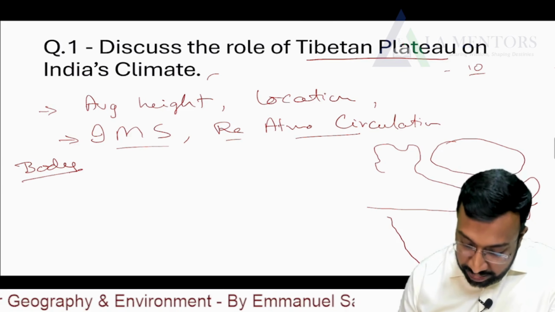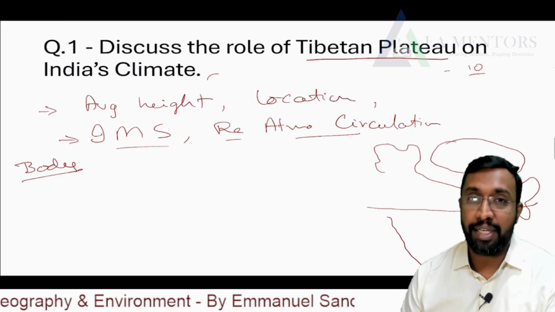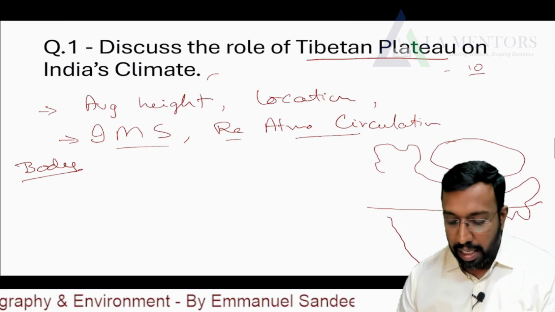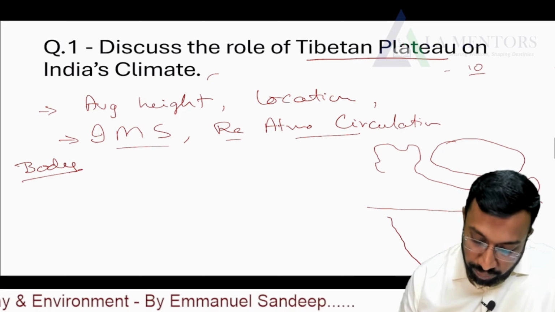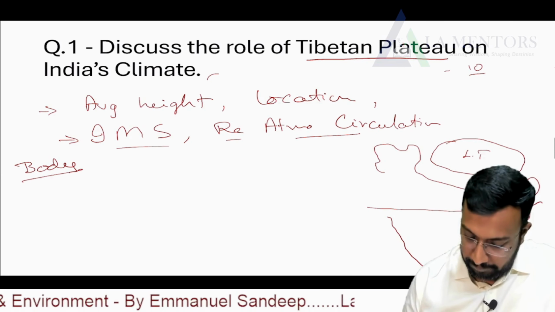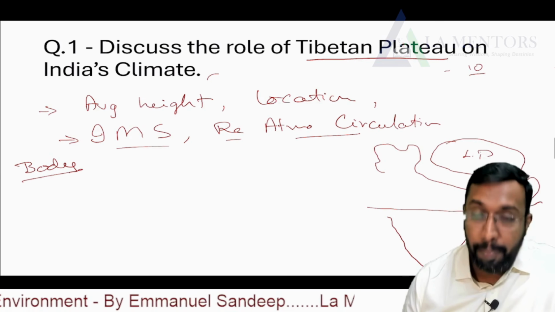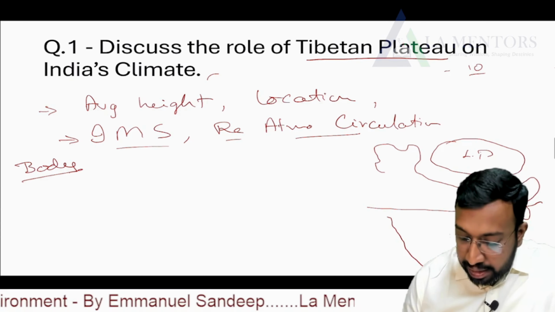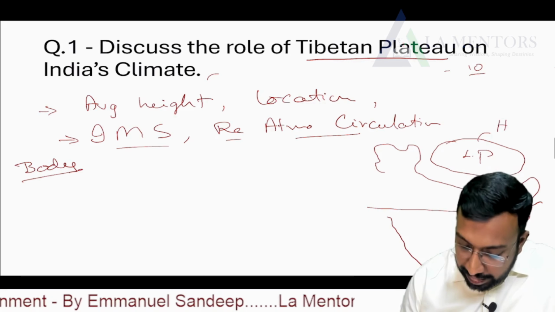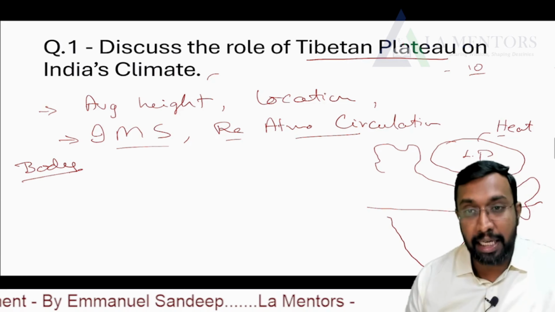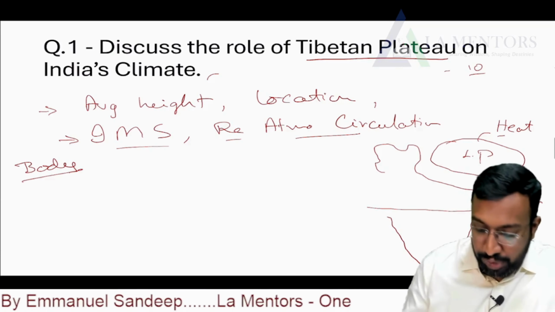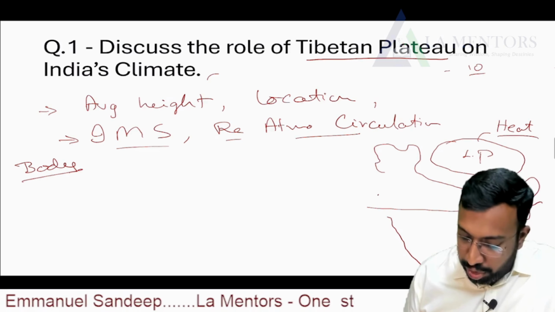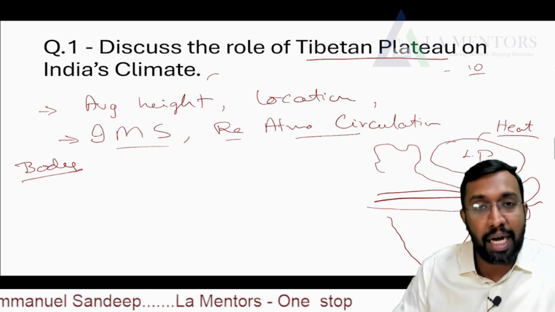And this Tibetan landmass, which is at a higher elevation and barren, heats up immensely, due to which there is a creation of low pressure. And this low pressure is now considered to be a source of heat. See, generally the pressure belts, which is the equatorial low pressure belt, shift towards north and settle along the northern parts of India. That's what we read with regard to Indian monsoons.